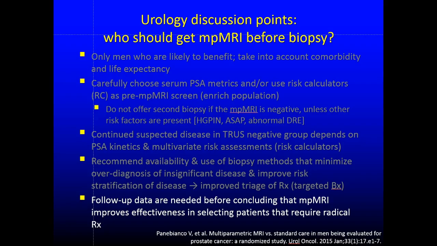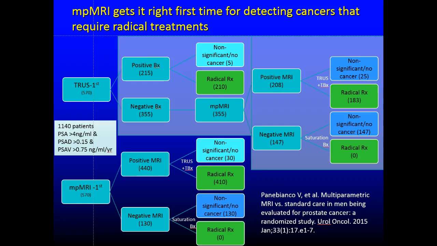Finally, we need to think about whether the MRI strategy in fact improves the effectiveness in selecting patients who require radical treatment. I don't think we can be completely certain, but there is some very encouraging data that it can improve the effectiveness of the pathway.